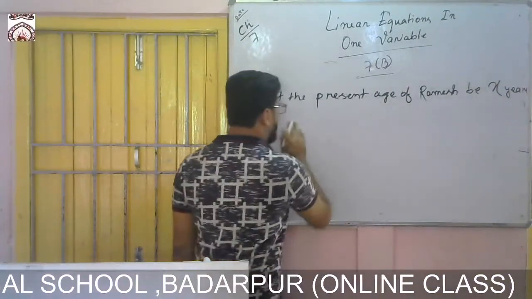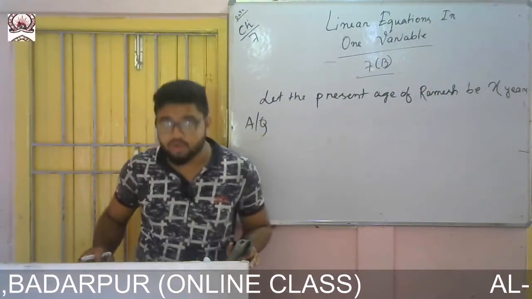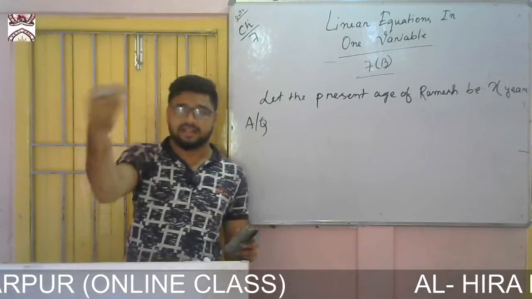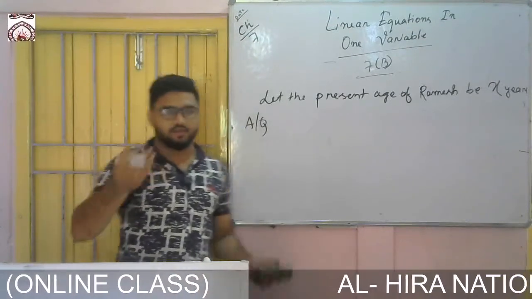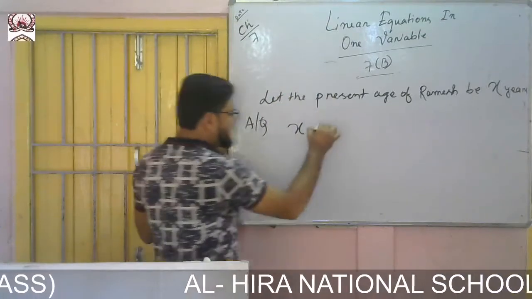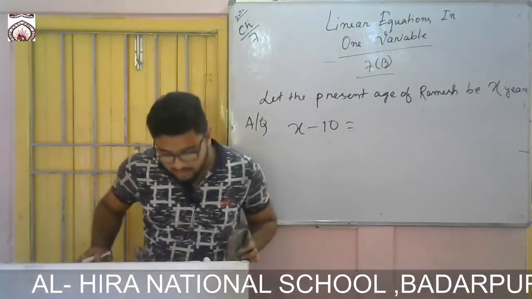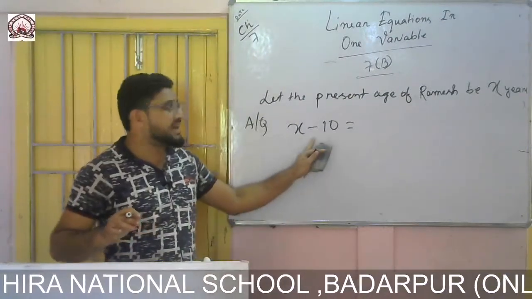According to the question, 10 years ago. Whenever you find "ago", it denotes minus. From the present age, if I subtract 10 years, I get his age 10 years ago, which was 25 years. Why do I subtract from the present age?